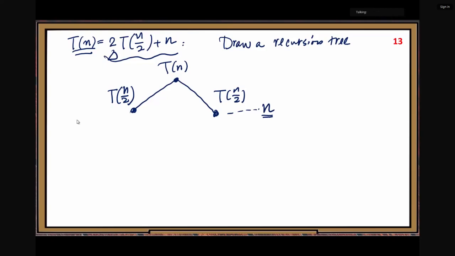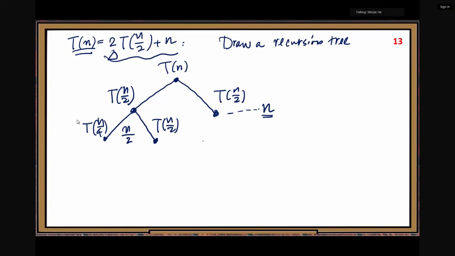So we need to accumulate all the non-recursion terms. Then another round of split: T of n over 4, but there is a non-recursion cost n over 2 that we need to store.